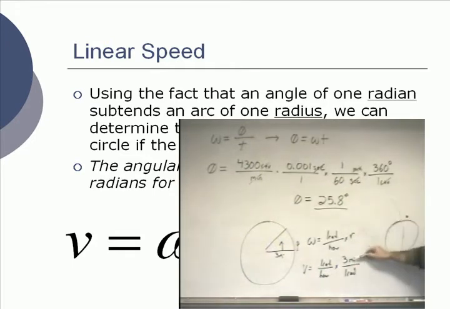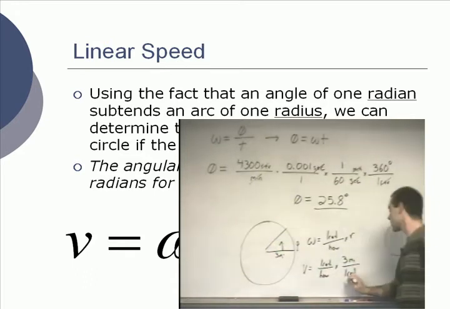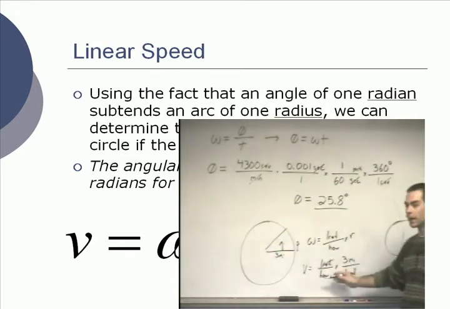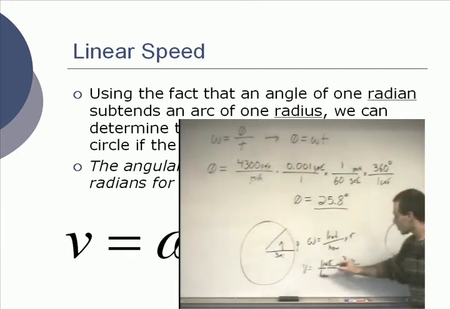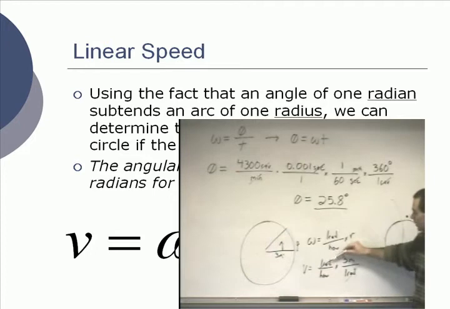Your radius is 3 miles per radian, or in other words, 3 miles. But the units cancel off and we're left with 3 miles per hour. It's the same thing. So we can turn an angular velocity into a linear velocity by taking the angular velocity and multiplying it by the radius.